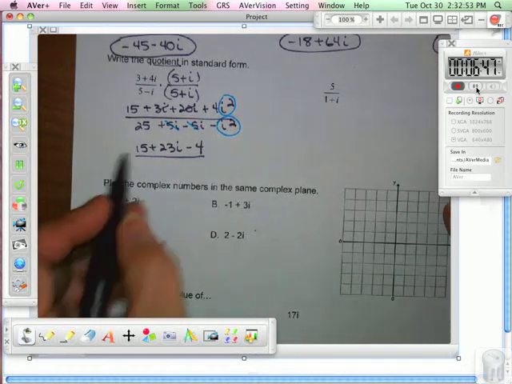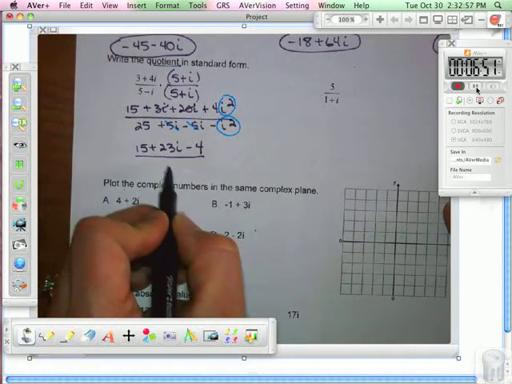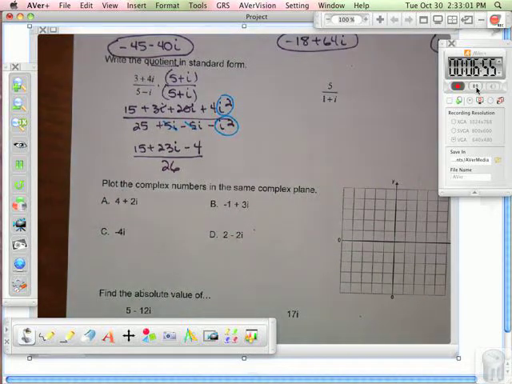And then the denominator, I'm going to take in one fell swoop. The denominator becomes 26. What's i squared? Negative 1, so it's a plus 1. 25 plus 1 is 26.